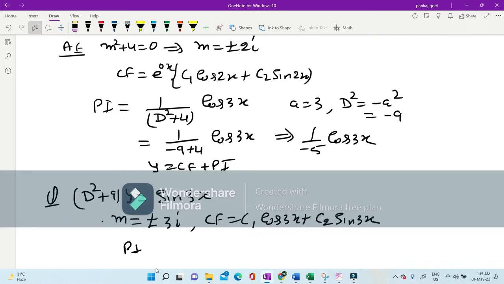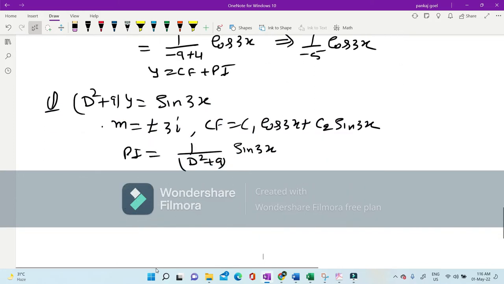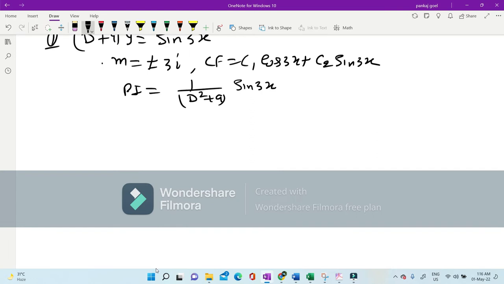What about PI? PI will be equal to 1 upon d square plus 9 sine of 3x. So you can see when we put d square equal to minus of a square, this will be equal to 0. Denominator will be equal to 0.